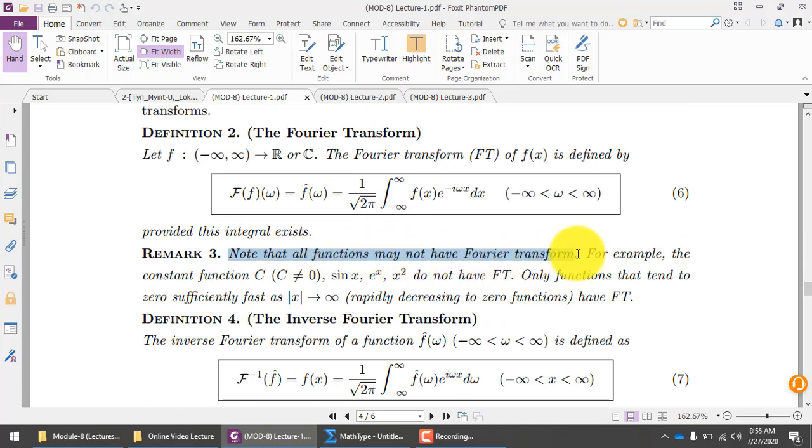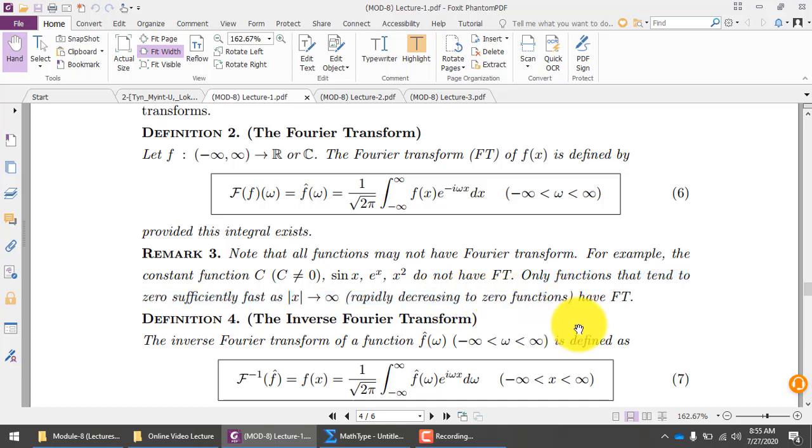I told you last time that you should read the lecture slides and the book as well. For example, the constant function which is not 0, sine x, exponential or x squared do not have a Fourier transform. Why? Only the functions that tend to 0 sufficiently fast as |x| tends to infinity, I mean to say rapidly decreasing to 0, have a Fourier transform.